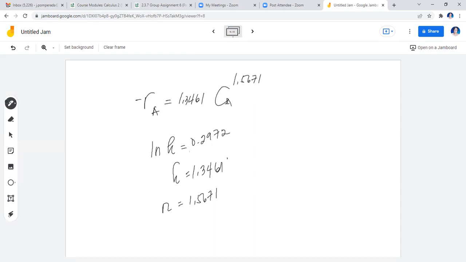Now, what should be the corresponding set of units for your K? If the order of the reaction is 1.5671, what would be the set of units for your K based on our formula? Liter per mole raised to, liter per millimole.